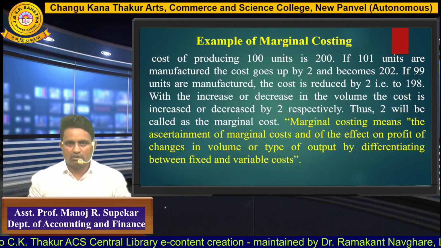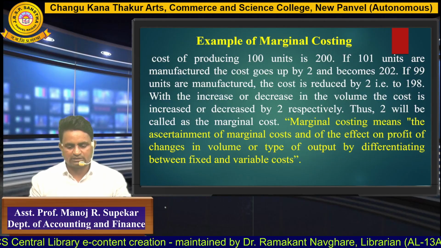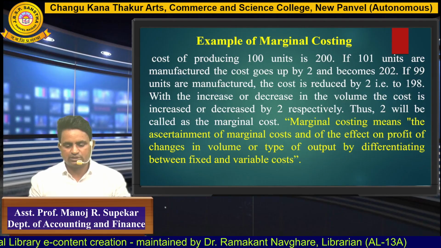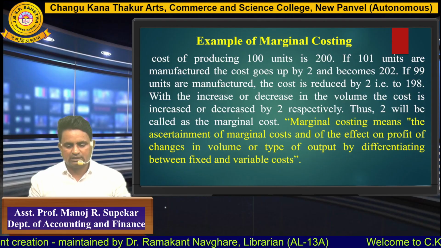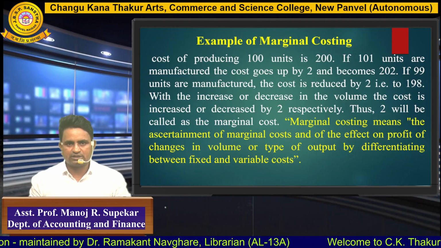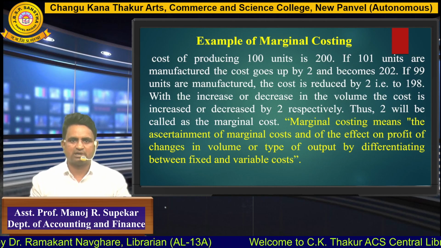If the organization decides to manufacture 99 units, then the cost is reduced by 2 and it will be 198. So this increase and decrease of 2 is nothing but what is known as marginal cost.